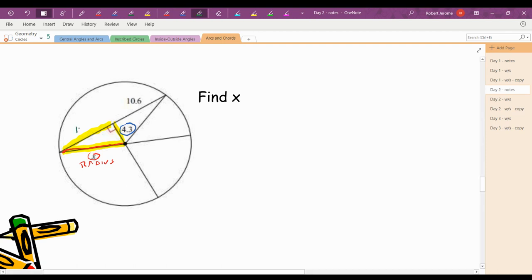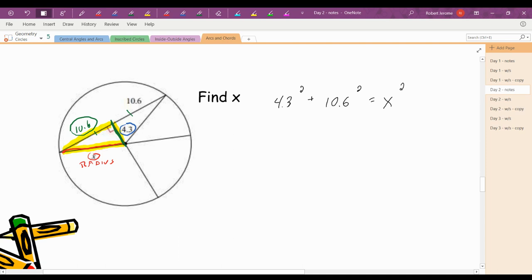And remember, we already know this side also, because here we have a part of a radius, so it bisects the chord. So there's the three parts of our triangle. All we're going to do is a little Pythagorean theorem. So we have 4.3 squared plus 10.6 squared, and that equals the radius, or x, squared.